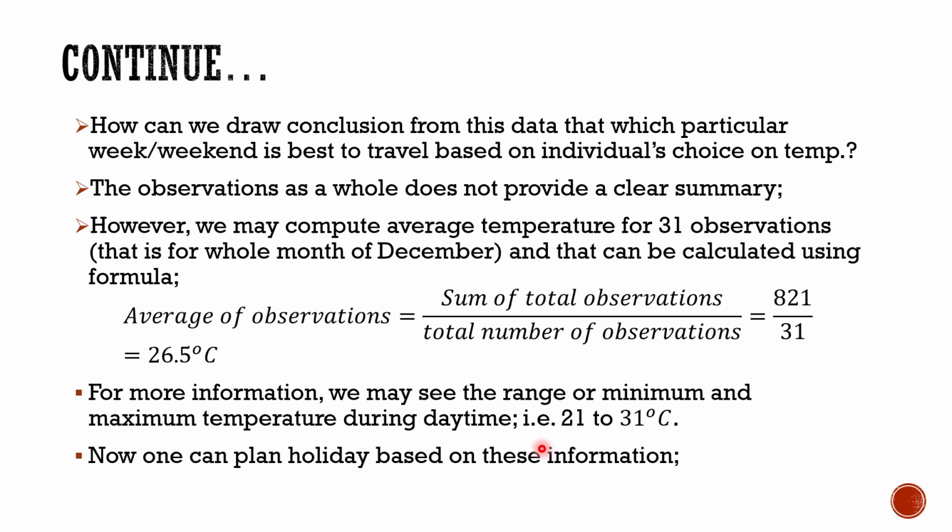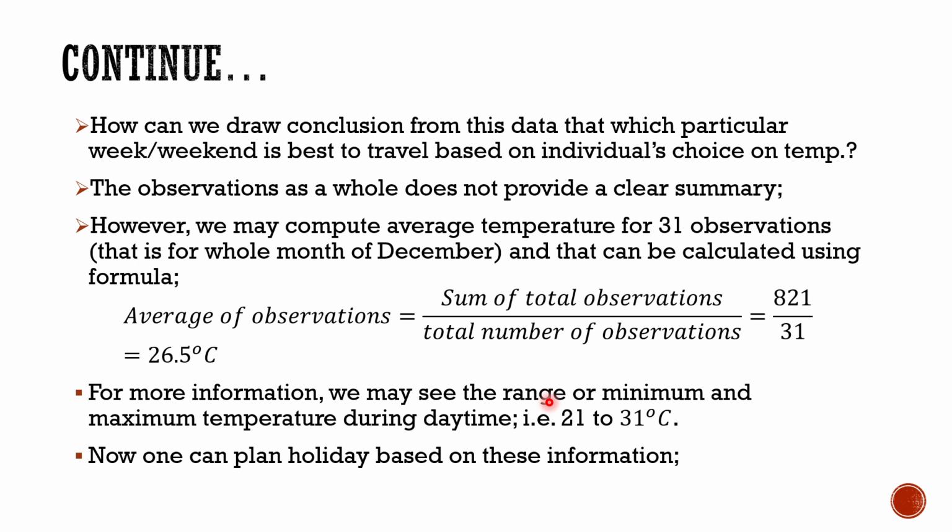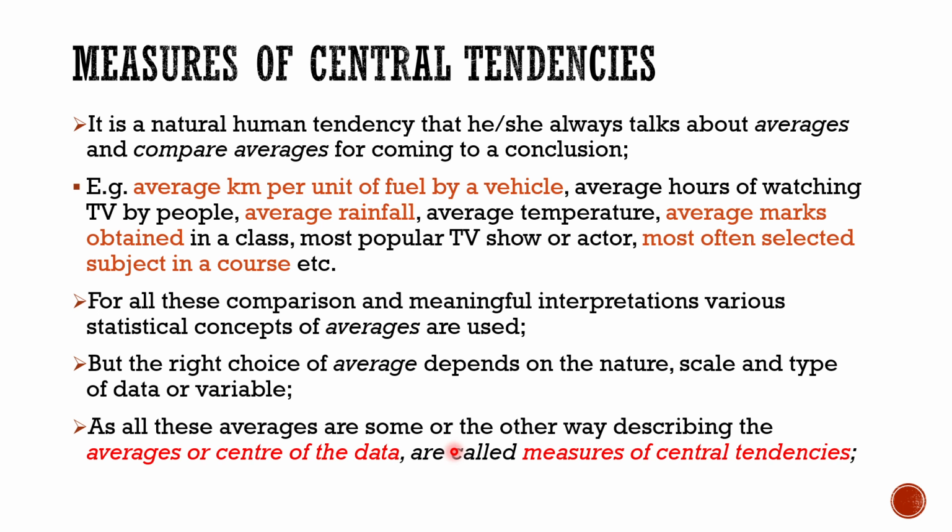So now we can plan a holiday based on this information. What we have done is get an idea about these observations through a simple average, or the range of minimum and maximum temperature during daytime.